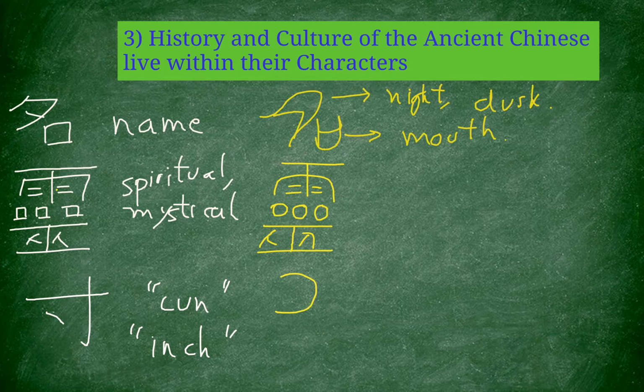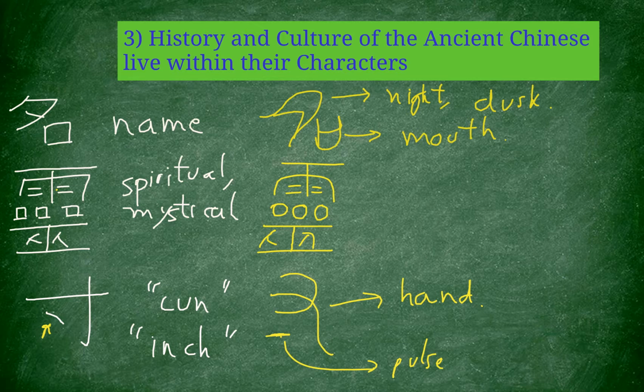Well, here we have a hand, which is this thing. And here we have the line, which is right there. And this will indicate the pulse. So we have the pulse, and then the hand.